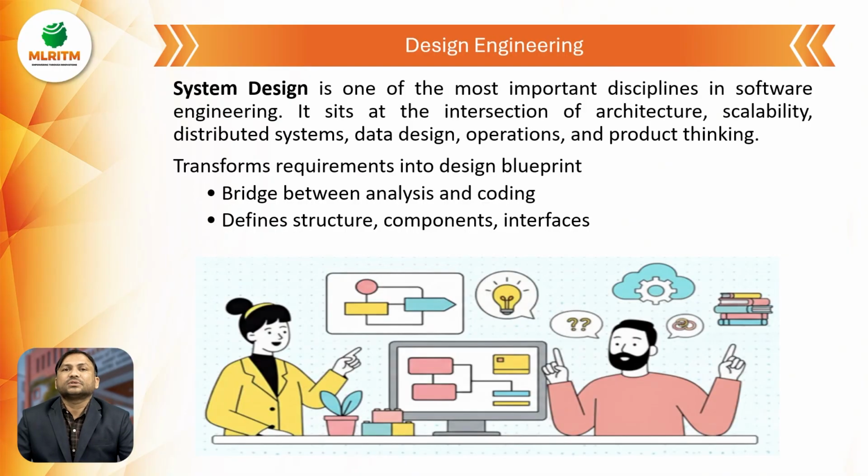What is the meaning of system design? System design is one of the important parts in the development of software. It is the intersection of architecture, scalability, distributed systems, data design, operations, and product thinking.